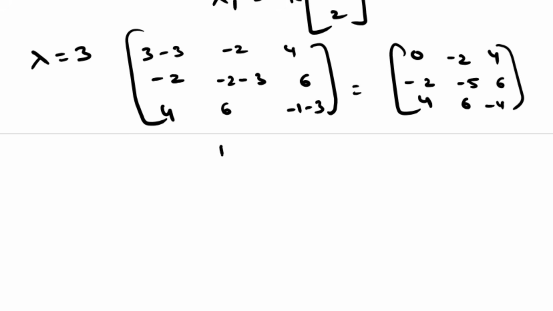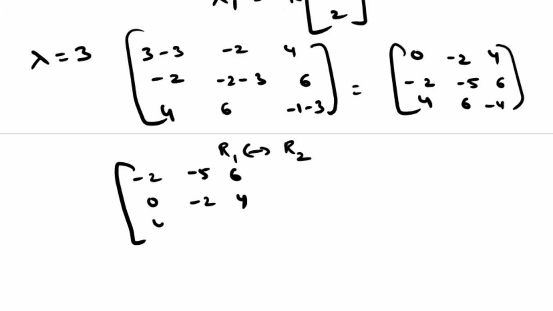Now R1 interchange R2: minus 2, minus 5, 6; 0, minus 2, 4; 4, 6, minus 4. R3 goes to R3 plus 2R1.